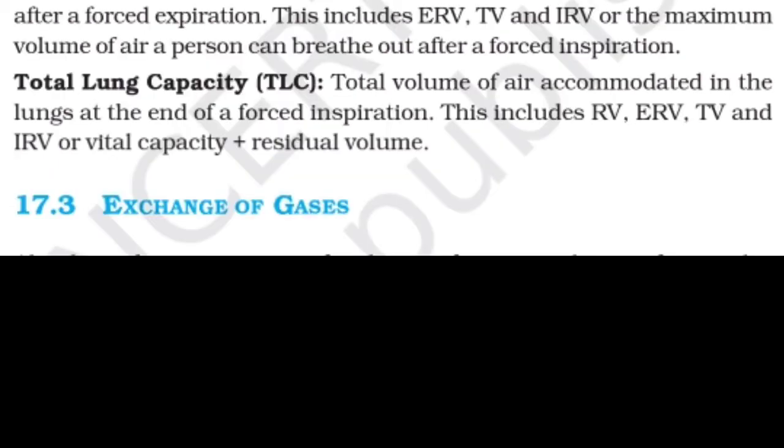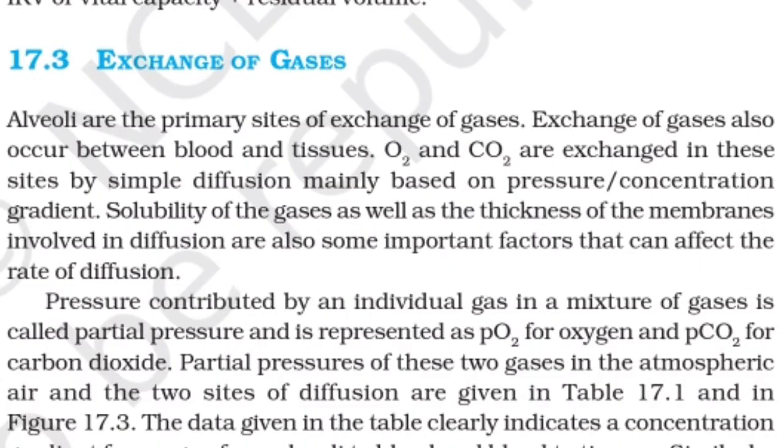This includes ERV, TV and IRV, or the maximum volume of air a person can breathe out after a forced inspiration. Total lung capacity (TLC), total volume of air accommodated in the lungs at the end of a forced inspiration. This includes RV, ERV, TV and IRV, or vital capacity plus residual volume.